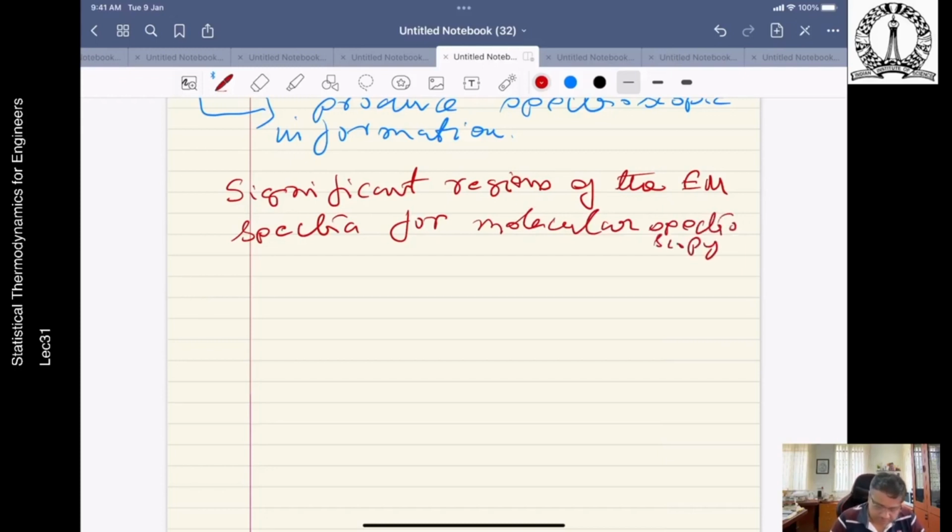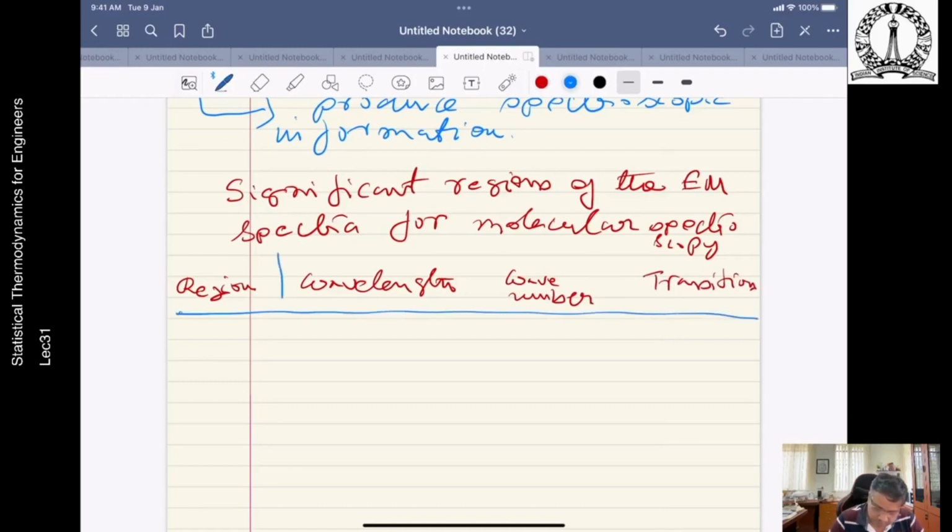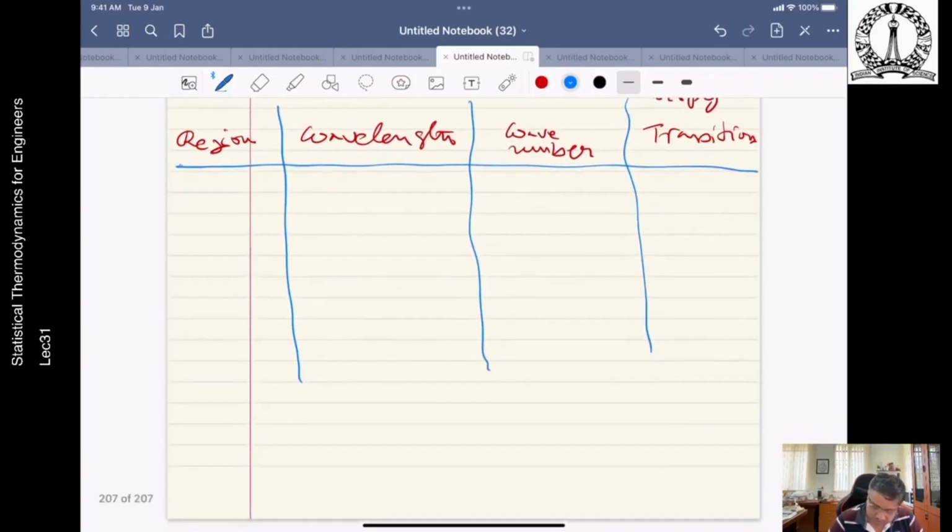Okay, so first is the region. Then there is the wavelength. Then there is a wave number. Then there are the transitions. So this is far UV.